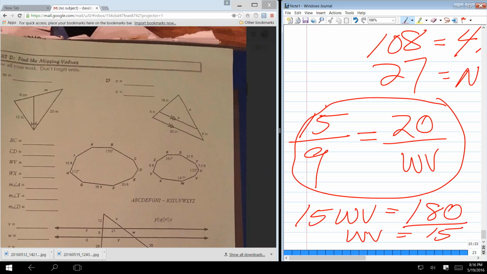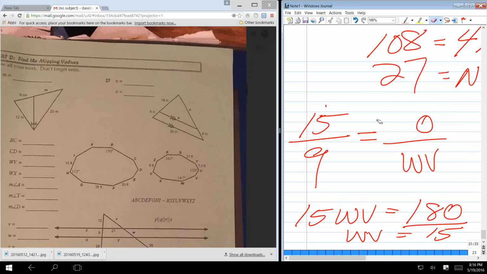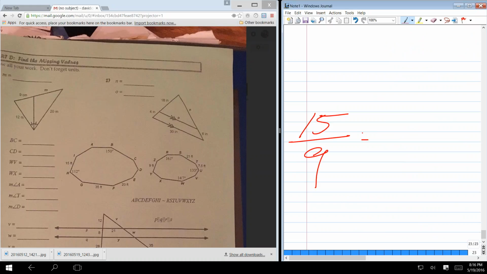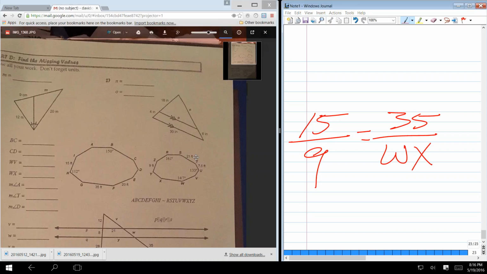And finally, WX. 15 over 9 is equal to 35 over WX. Now you got it. Alright, go to the next one.